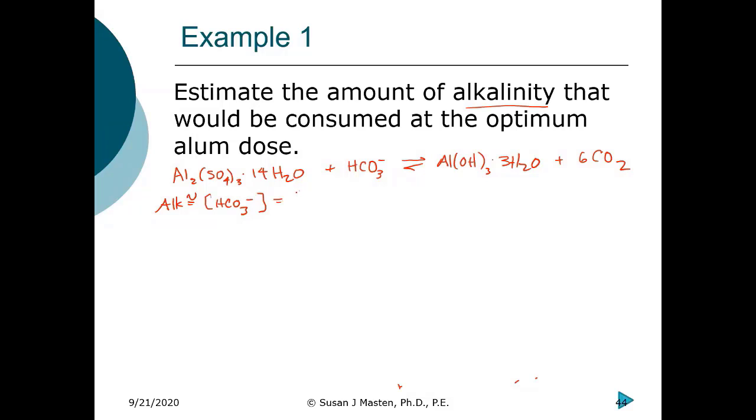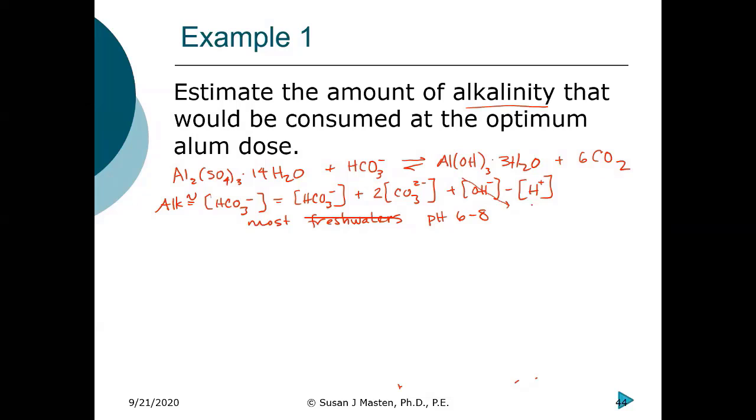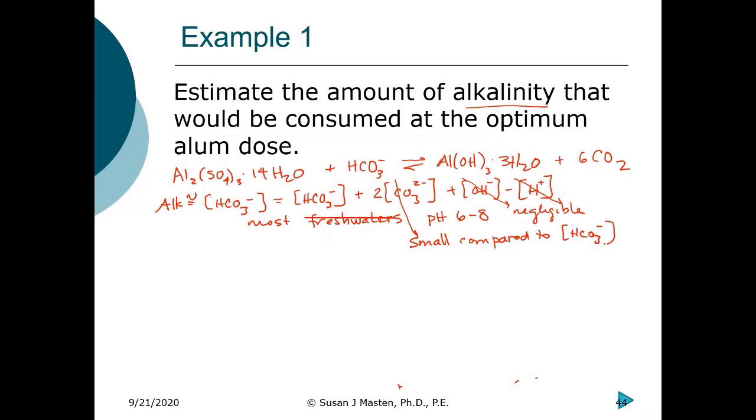Exact alkalinity is equal to the bicarbonate concentration plus 2 times the carbonate concentration plus the OH minus concentration minus the H plus concentration. In most fresh waters, and most of the systems you will deal with in environmental engineering, the pH is between 6 and 8, and in those situations the concentrations of OH minus and H plus are negligible, and the concentration of carbonate is small compared to the concentration of bicarbonate.